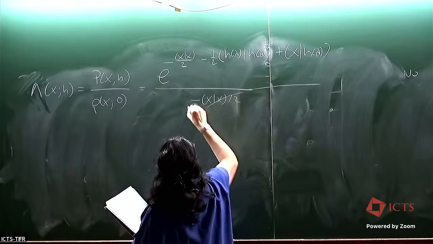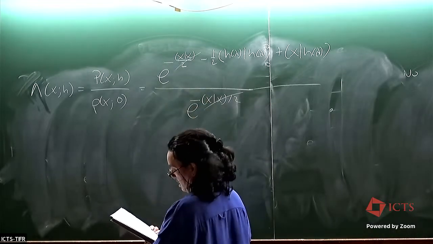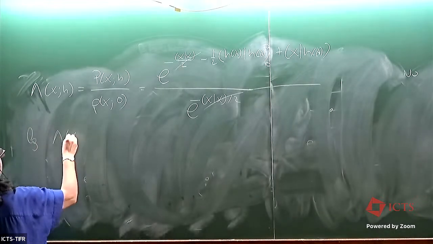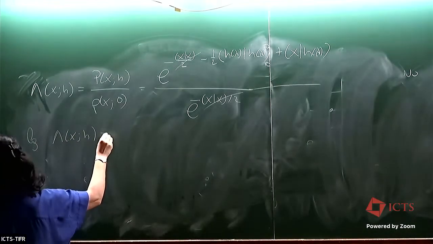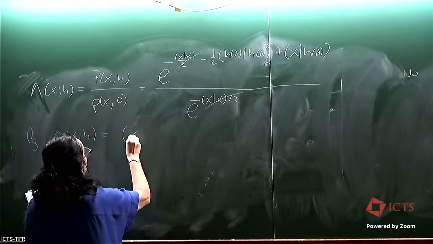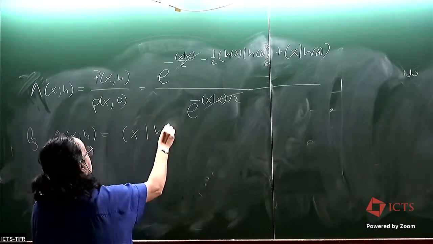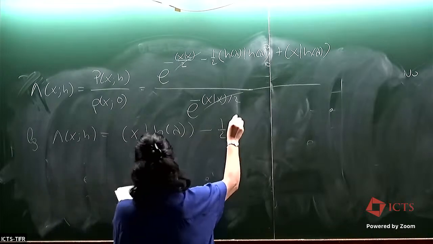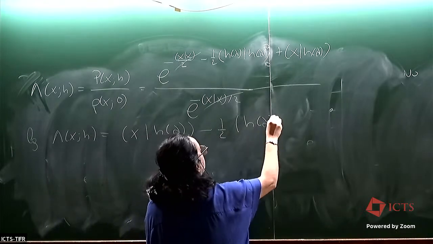So this and this get cancelled, and the logarithm of the likelihood is just what I have written before, x with h lambda minus 1/2 h lambda with h lambda.